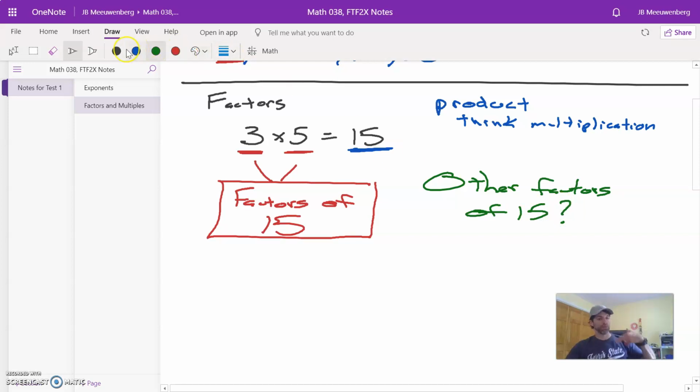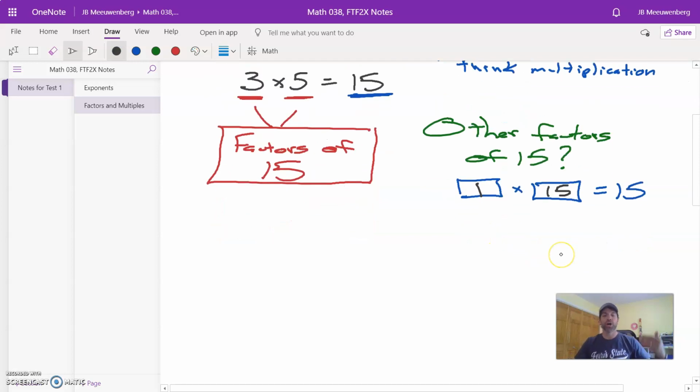And the way that you might be trying to figure that out is, can I do something times something else to get 15, right? Are there other numbers? And you might be coming up with 1 and 15. Yeah. 1 and any number itself are always factors of that number, right? So these are also factors of 15.